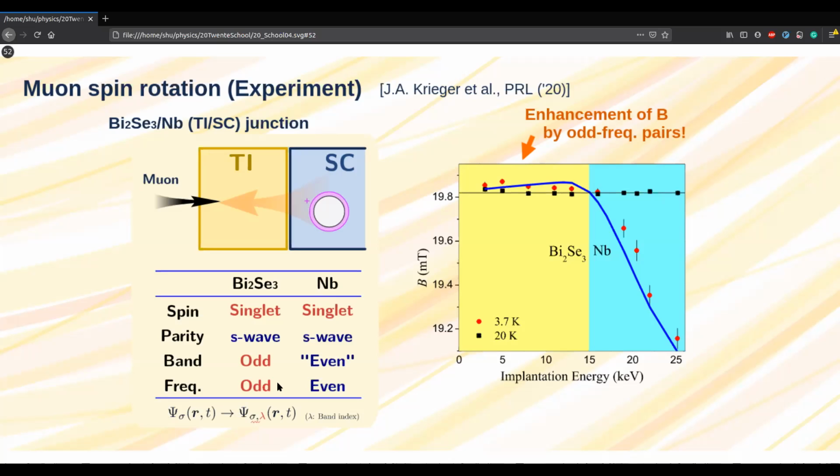This is slightly tricky, but we can induce the odd-frequency pairs. The experimental results are shown here. You can see that in the bismuth selenide, the external magnetic field is slightly increased. They conclude that this is the signature of the odd-frequency Cooper pairs.